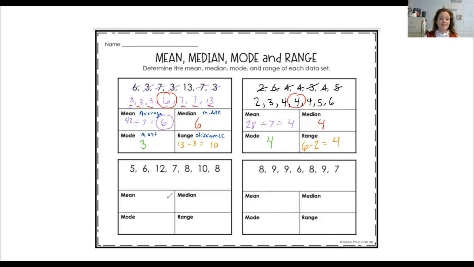So on this next step, remember the first thing we have to do is what? Put it in ascending order. Very good. So we're starting with our smallest number and moving up to our largest number. Take a moment to do that.